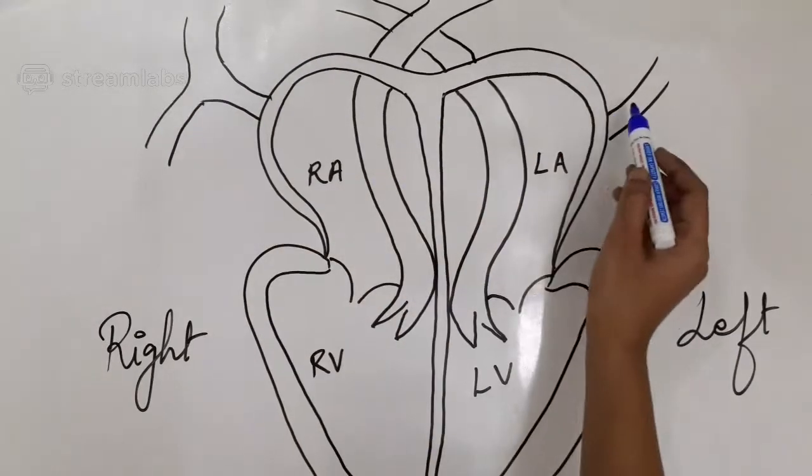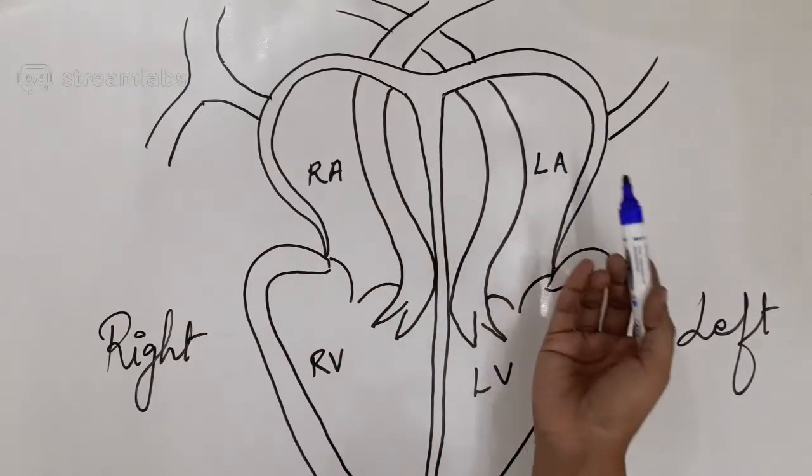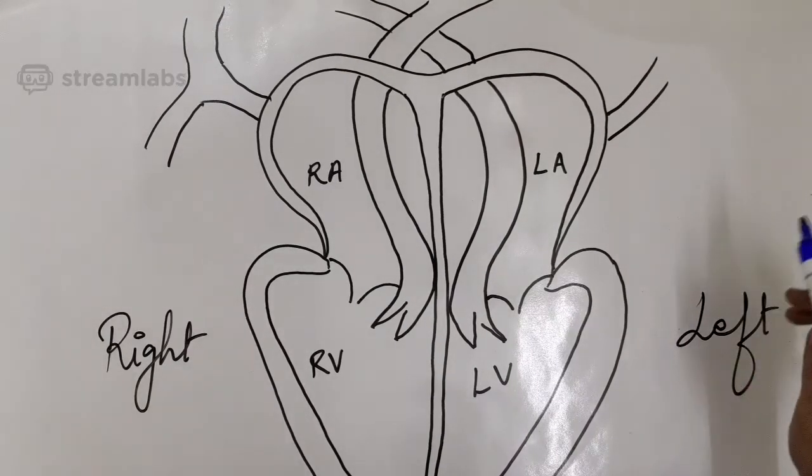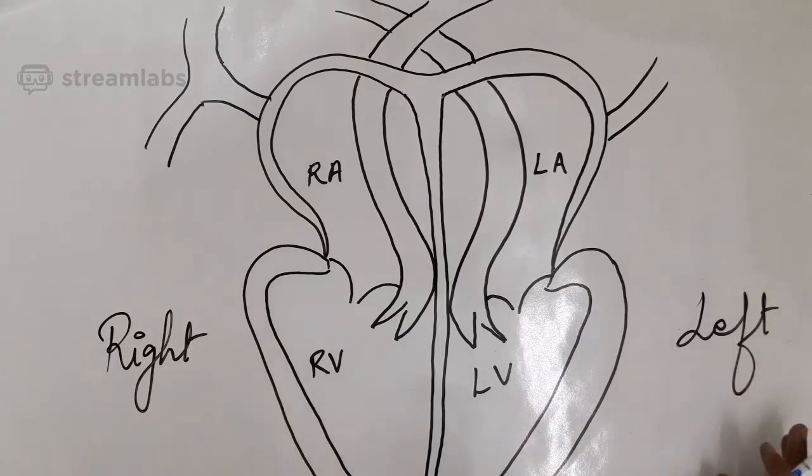These are the veins. Veins carry blood into the heart. You remember the flow chart I explained in the previous class, that the auricles are the receiving chambers of the heart, which receive deoxygenated and oxygenated blood.